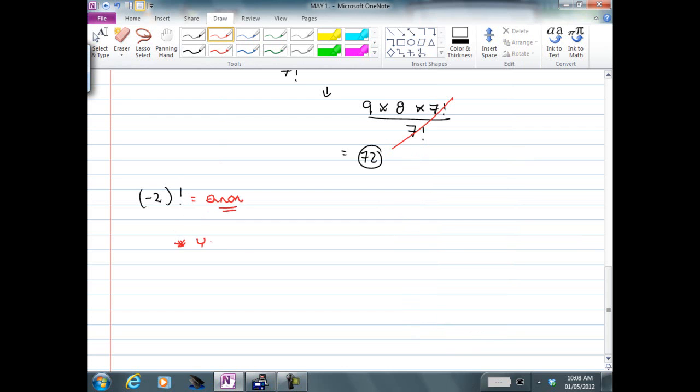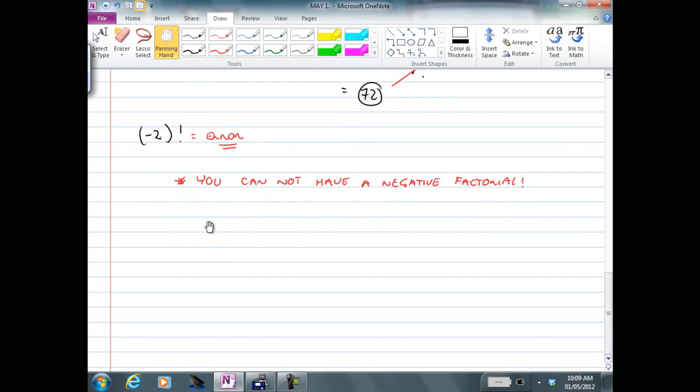You cannot, this is key, cannot have a negative factorial. Okay?